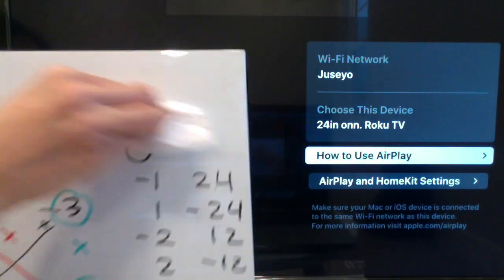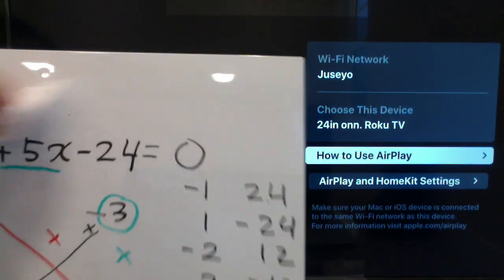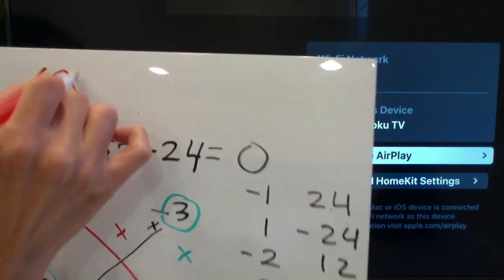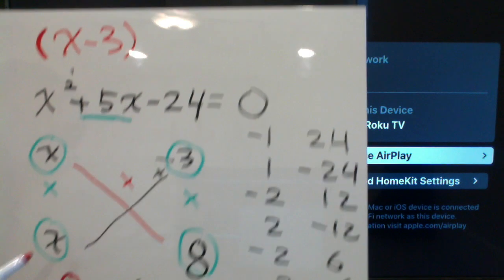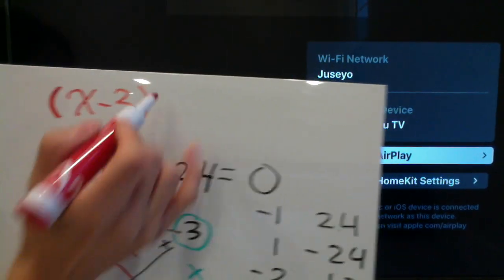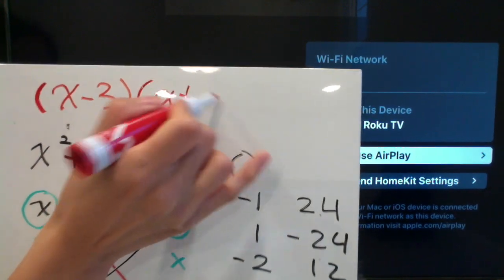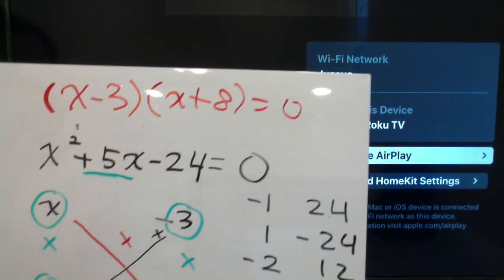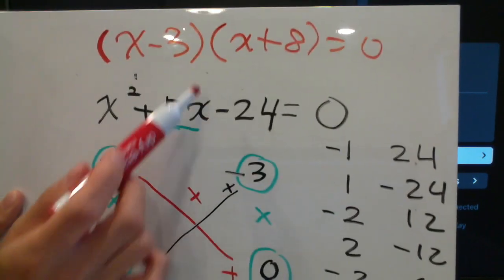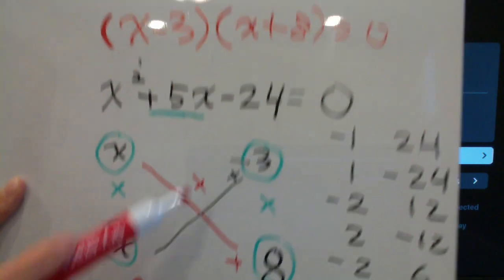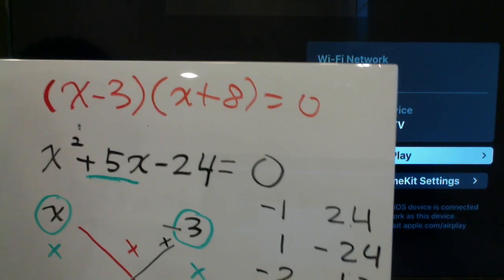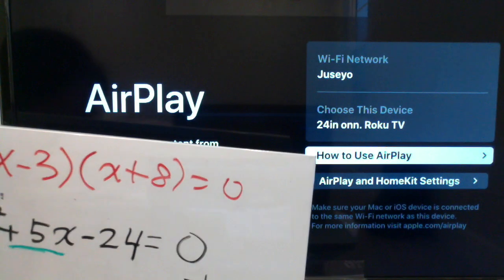Now what do we do? Okay, I will erase the top over here so I can use it. Okay, so what do we do? X minus 3, x, this is plus, right? So I will write x plus 8 is 0. Okay, so x minus 3 times x plus 8 is 0. So what was the zero product property?